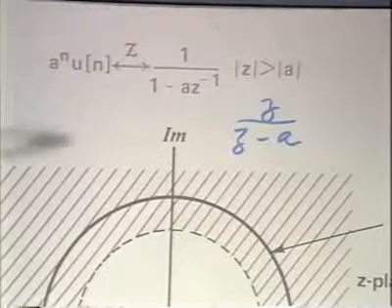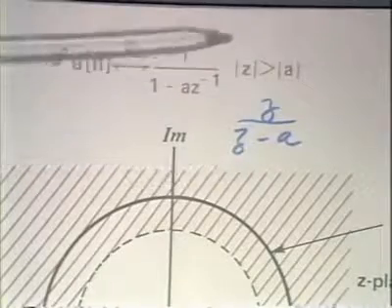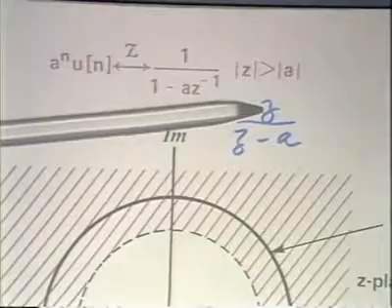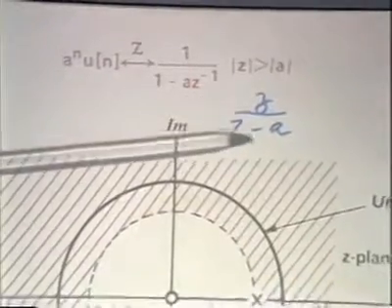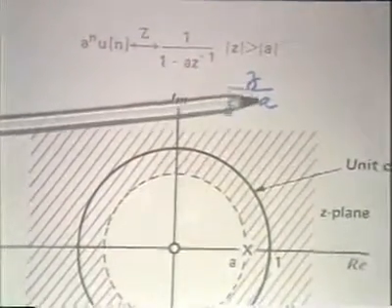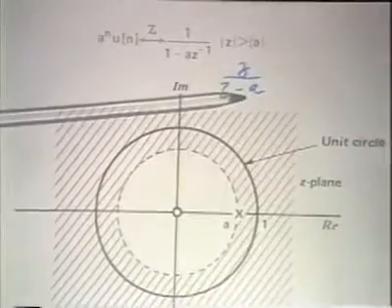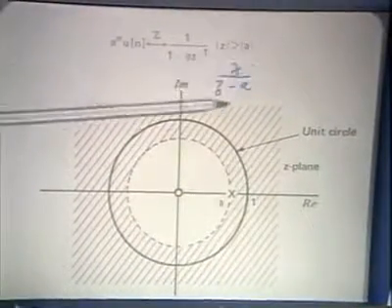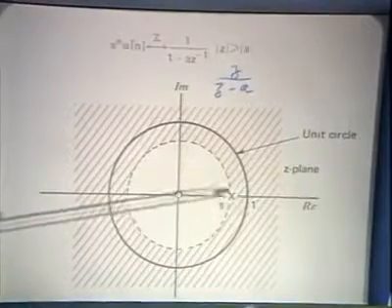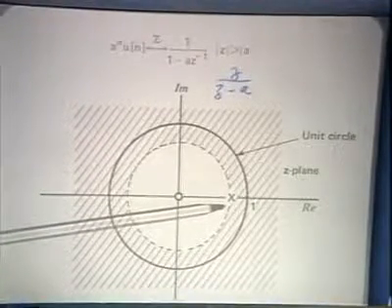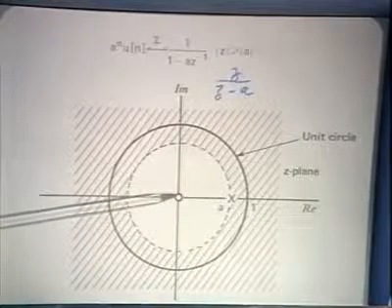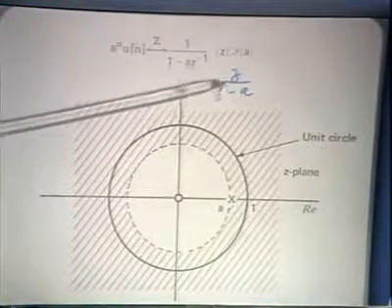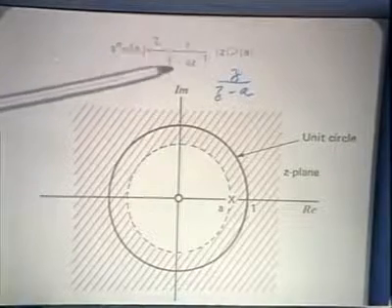And so if we were to represent this through a pole zero plot, we would have a 0 at the origin corresponding to this factor, and a pole at z equals a corresponding to the denominator factor. So the pole zero pattern for this is a pole at z equal to a and a 0 at the origin.